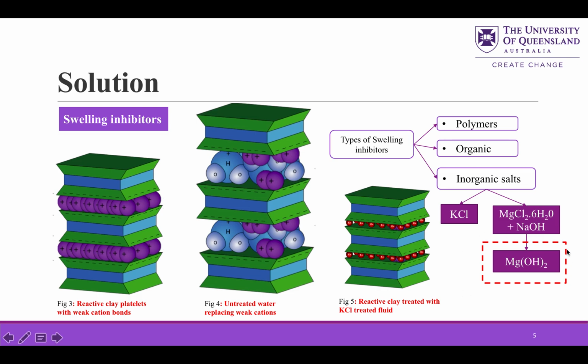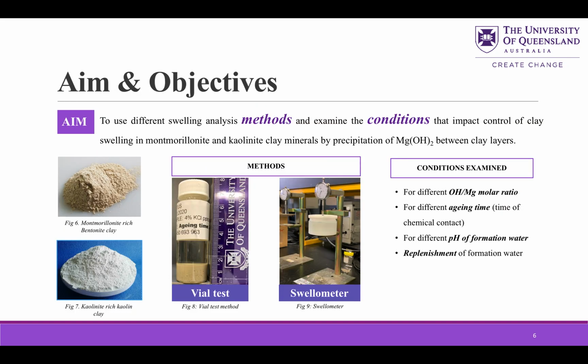In this thesis, we will be discussing magnesium hydroxide as a potential swelling inhibitor, where in the lab, Dr. Patel did identify magnesium hydroxide as an effective swelling inhibitor by precipitating magnesium hydroxide between the layers of clay. So the objective of this thesis is to analyze different methods, the wild test and swellometer methods, and examine several conditions that impact the control of clay swelling in bentonite and kaolinite clay.